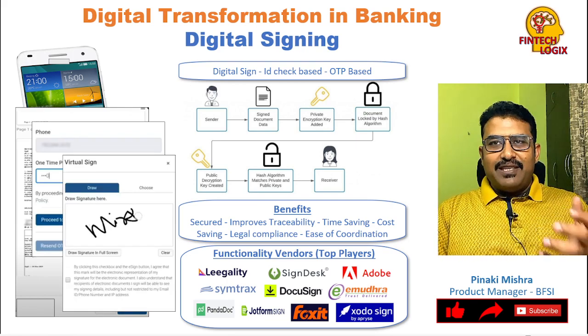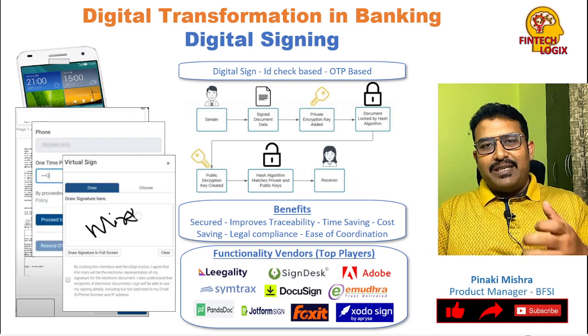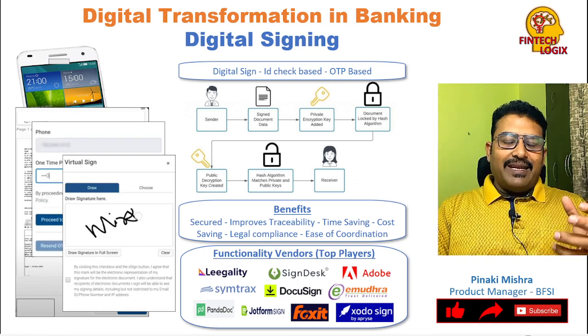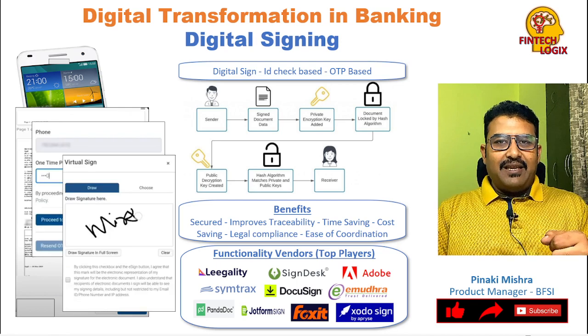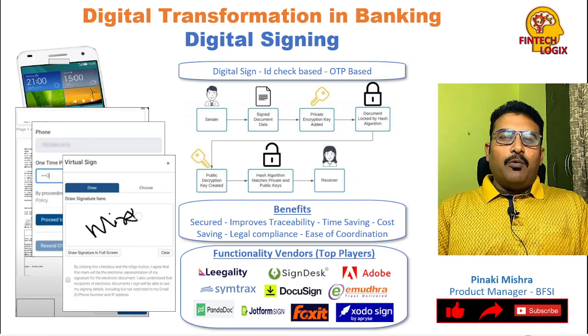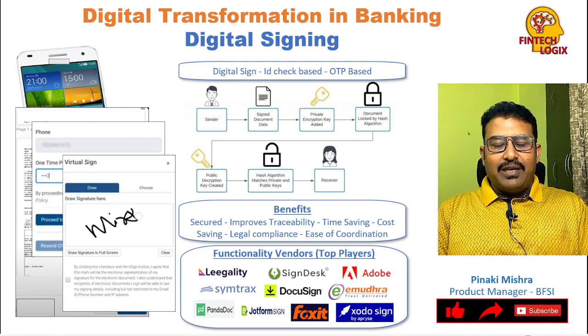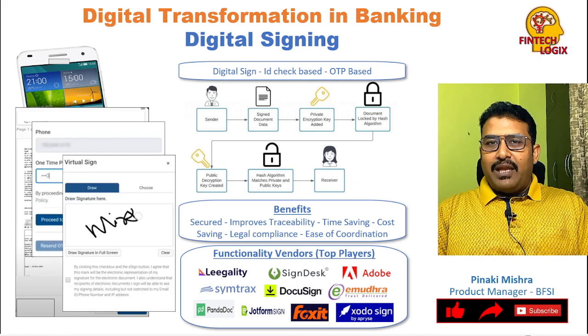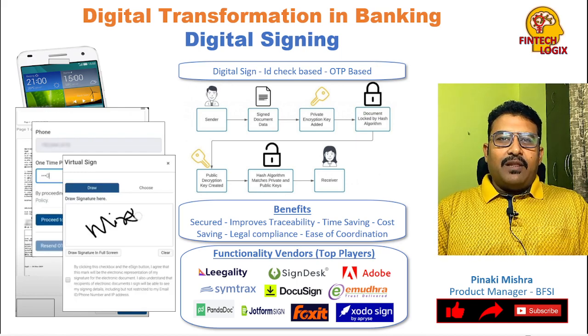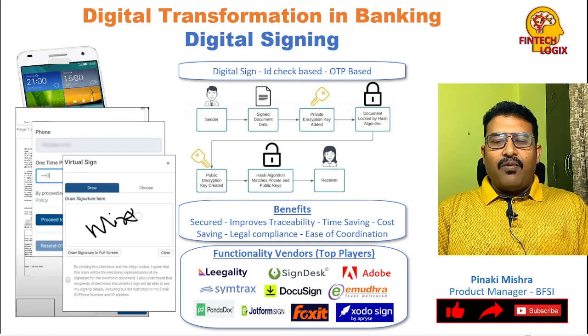Going through a physical document form versus going through digital document extracted data is definitely much smoother. We'll talk about that in another video, how document extraction of data is happening and how that is helping in a lot of things. This is it for digital signing.